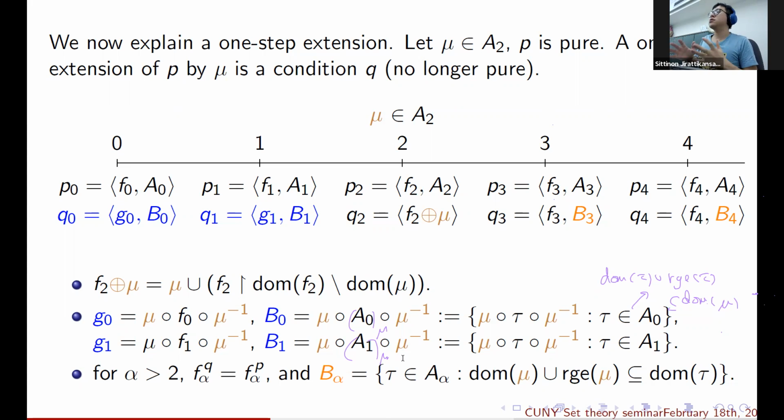So I want B_alpha to be the collection of tau such that tau is larger than mu in the sense that I write down below. So I want the domain of mu and the union of the range of mu to be a subset of the domain of tau.